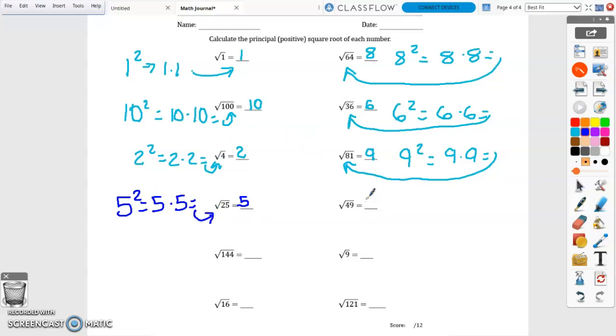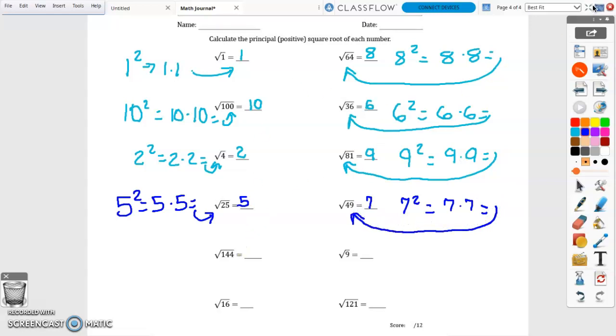Now, we have 49. What is the square root of 49? 7. We have 7 squared equals 7 times 7: 7, 14, 21, 28, 35, 42, 49. So 7 times 7 is equal to 49.